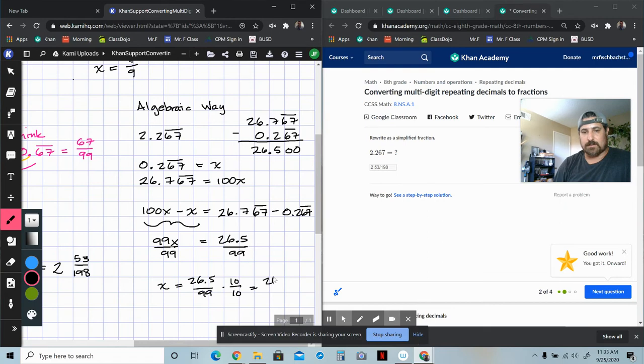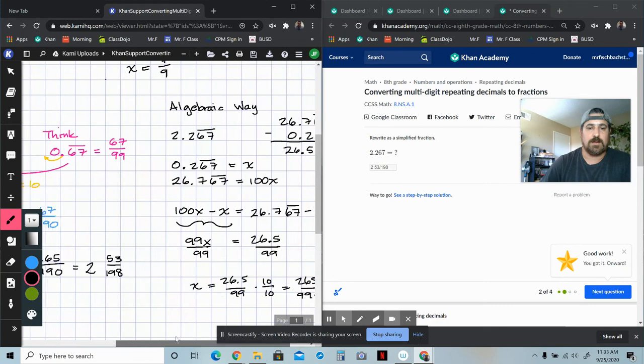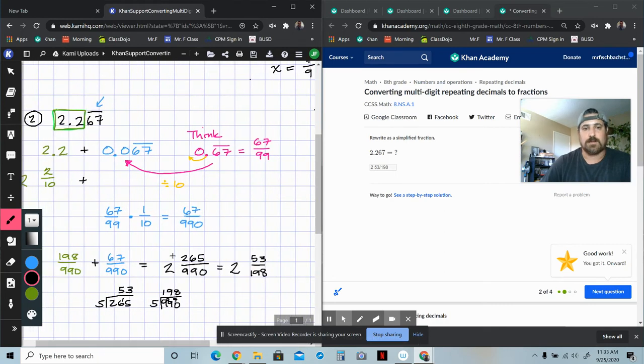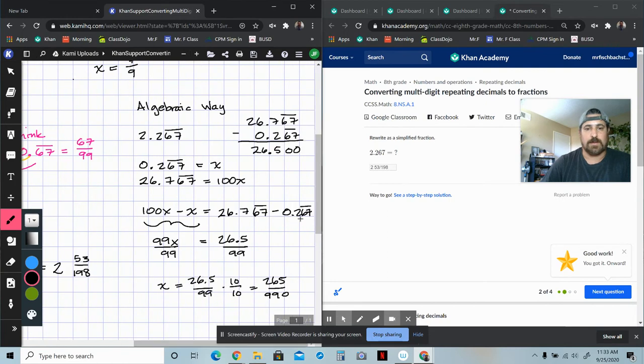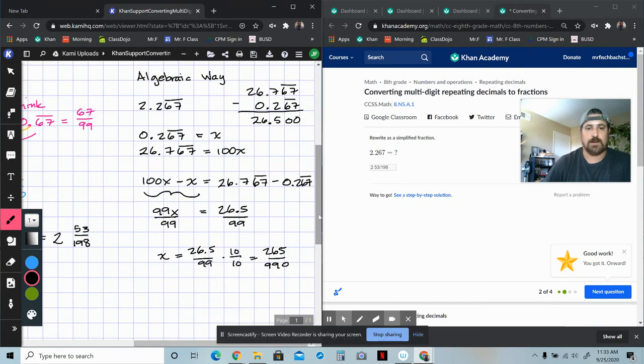This is the process Con would go through, and the process that I would use is over here. So it really doesn't matter which way you do it, as long as you're careful. You're going to get the same answer, right? So you would then add the 2 back in after doing the Con method, and you'd say the answer was 2 and 265 over 990, and then you'd have to simplify that, which is eventually going to be the same as what we inputted, 53 over 198.